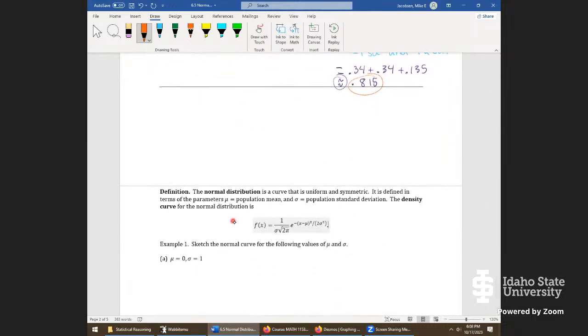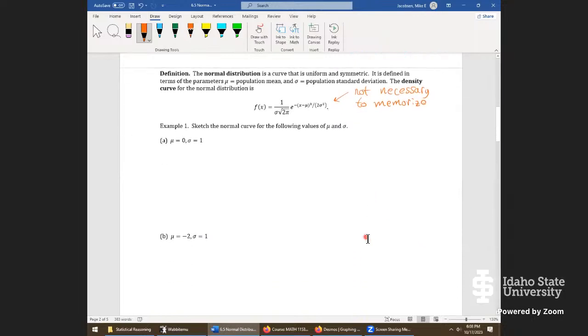So let's say, just as a reminder, not necessary to memorize. It's here for us so that we can start working with the normal distributions and see what they look like if we were to attempt to sketch them out. We've sketched them before, but now we're trying to plot them exactly using the formula right here.